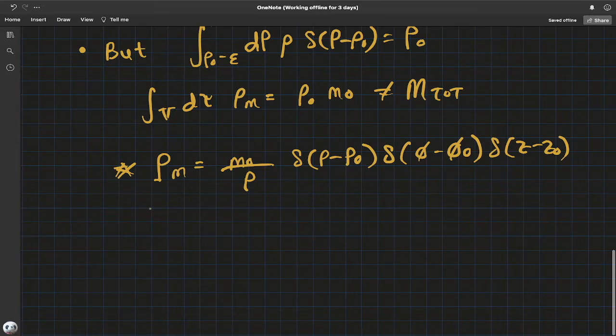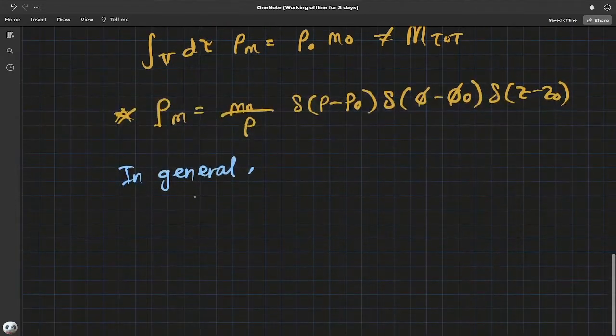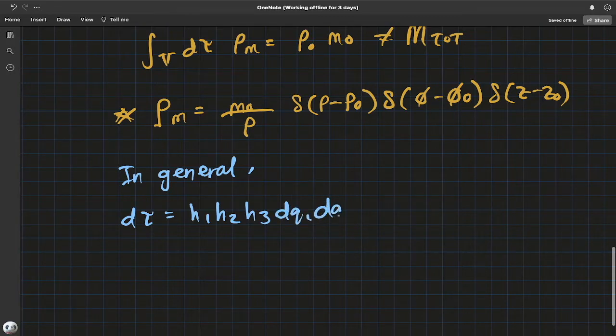Let me try to generalize this idea a little bit. This is a little brave, because I haven't sketched a very detailed proof. My volume element in a general curvilinear system is h1, h2, h3, dq1, dq2, dq3.